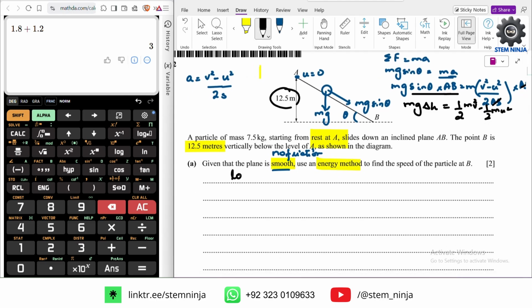So loss of gravitational potential energy equals gain in kinetic energy.